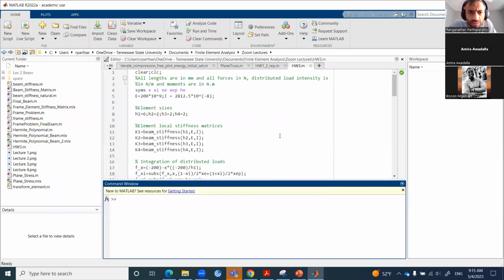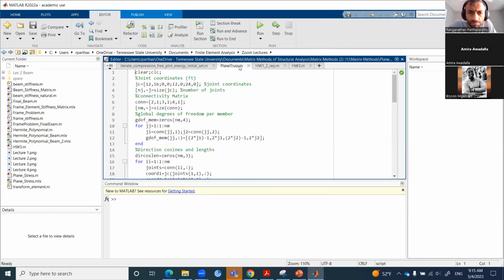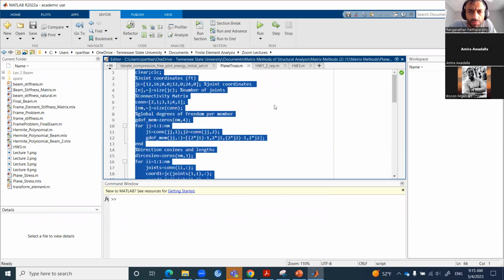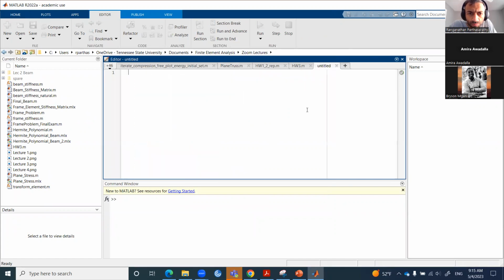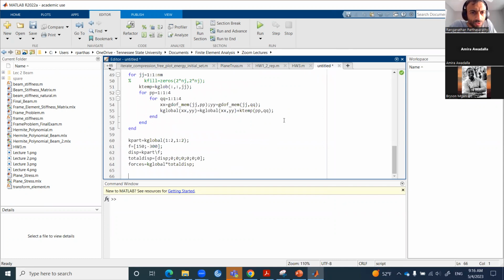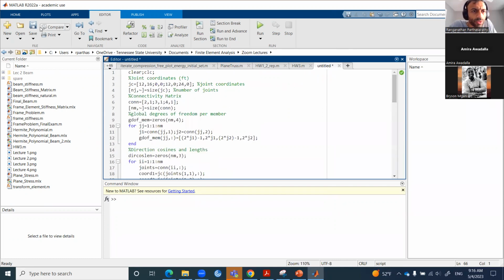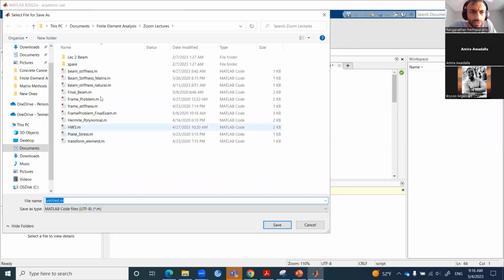Take this plain truss. And you can copy it and save it.